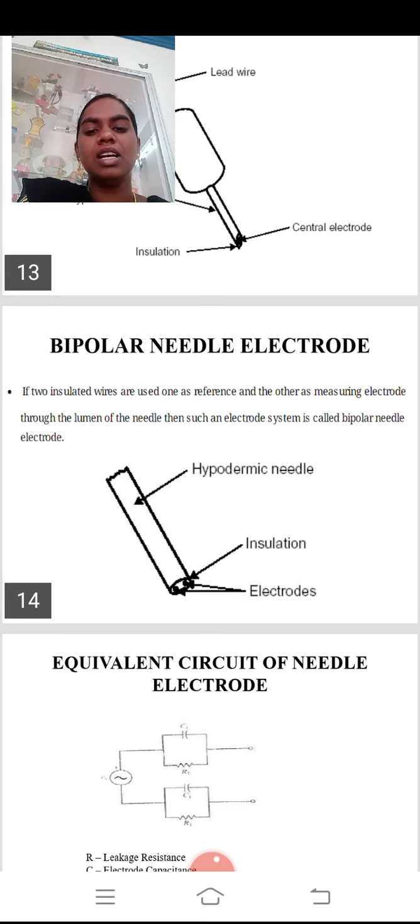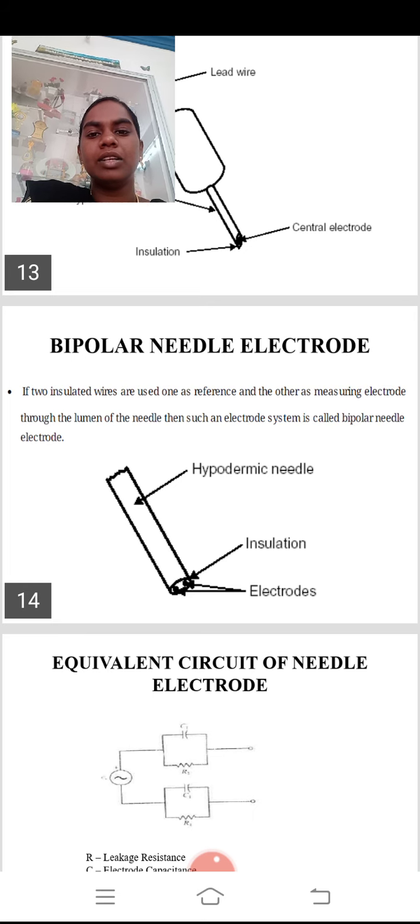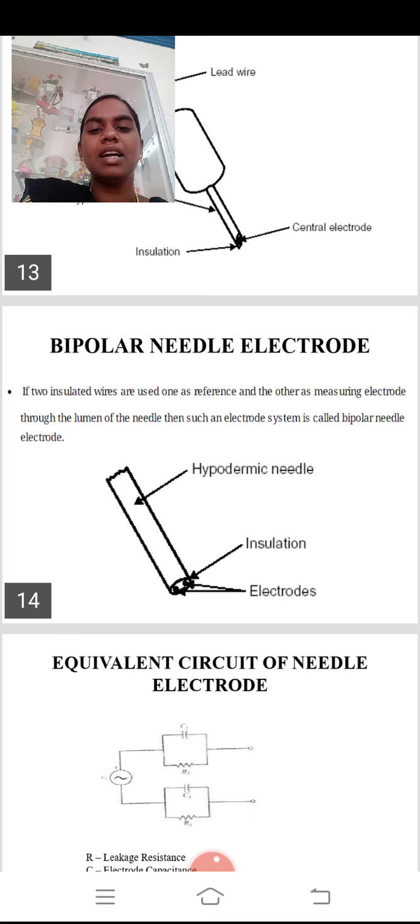First, the inserted needle gives information about our nerve system. On comparing these two signals, the error signal will be generated. This error signal will be passed to our communication system through the upper part lead wire for further activity.